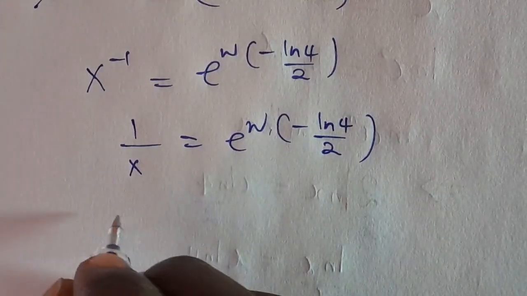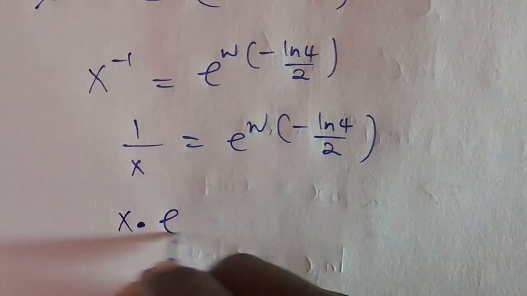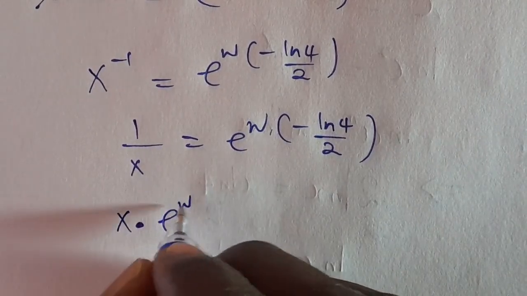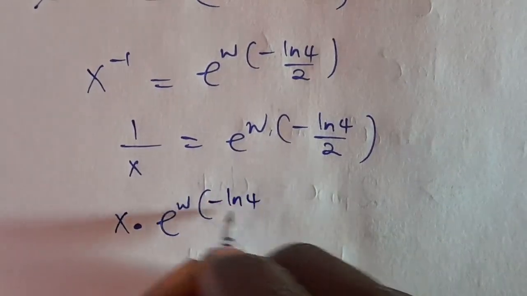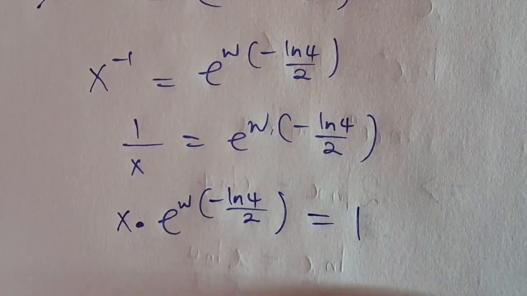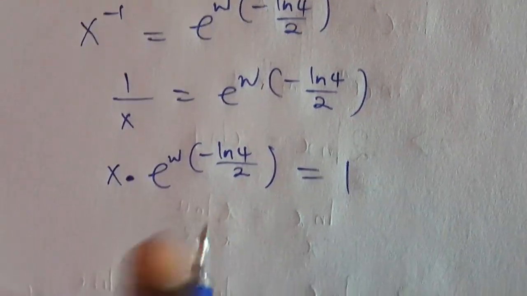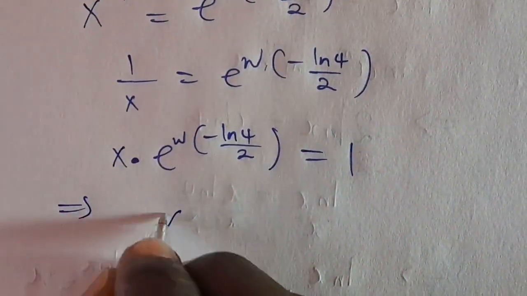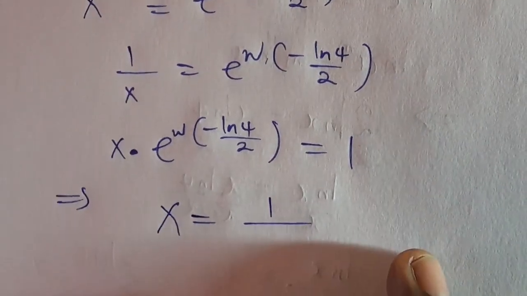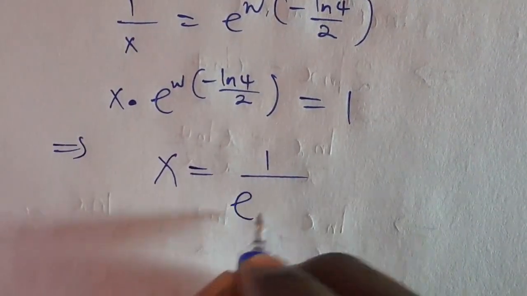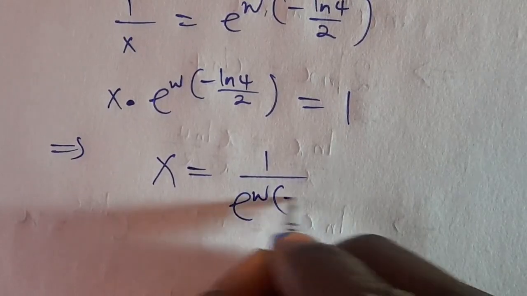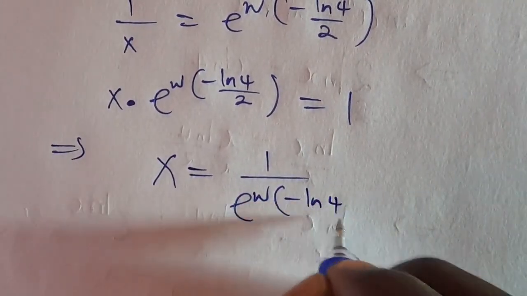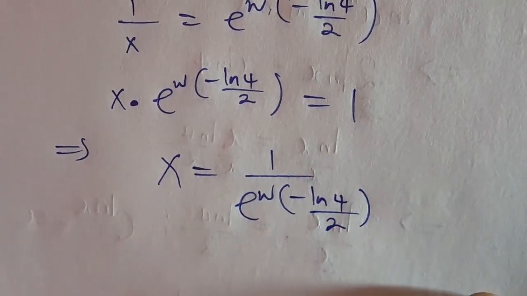So the moment when you cross multiply, we have x, multiplied by e to the power of W of minus ln 4 divided by 2, equals 1. When you divide through, this implies that our x equals 1 divided by e to the power of W of minus ln 4 divided by 2.